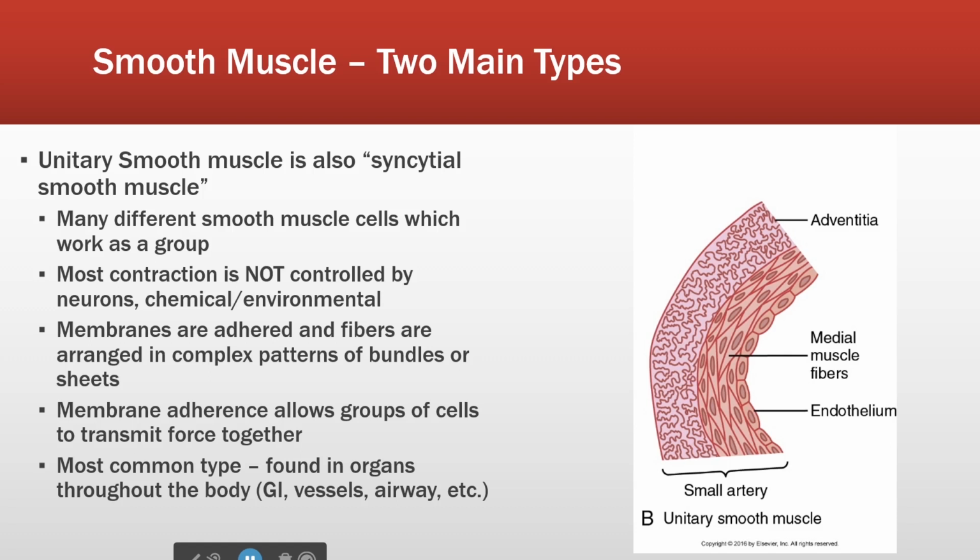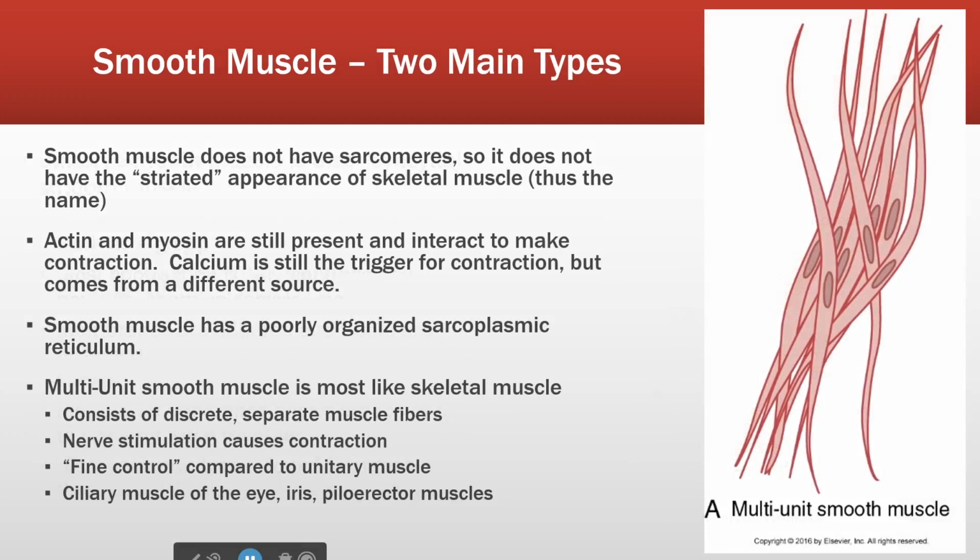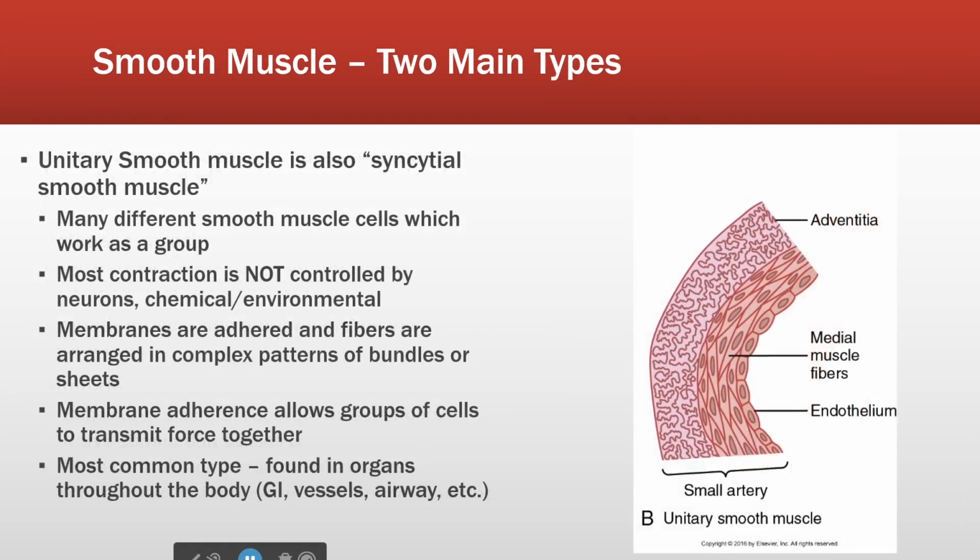Now, there is still an arrangement. So even though there's no sarcomeres, we still have not linear, but we have directionality to smooth muscle cells.